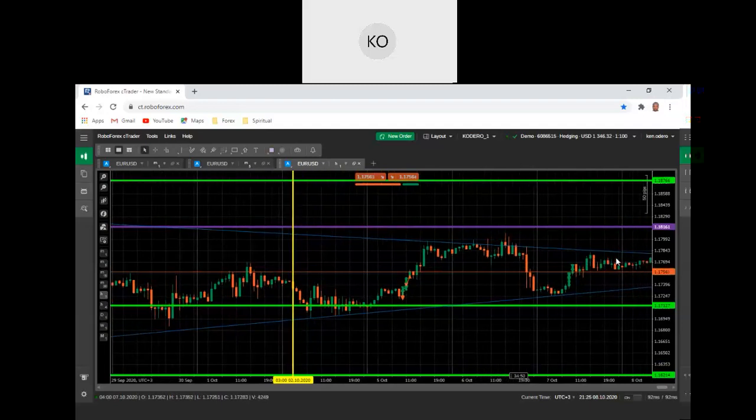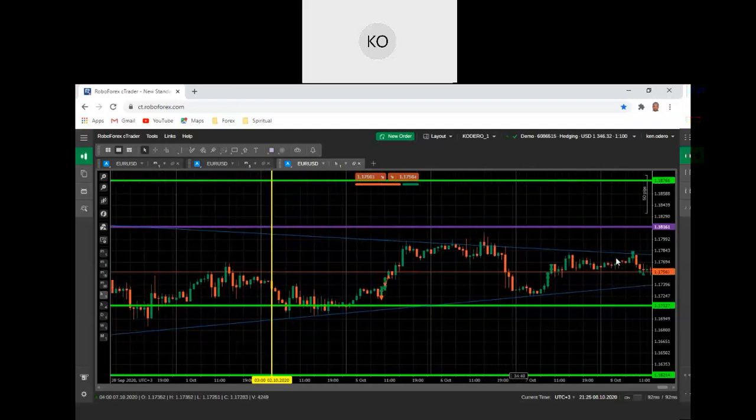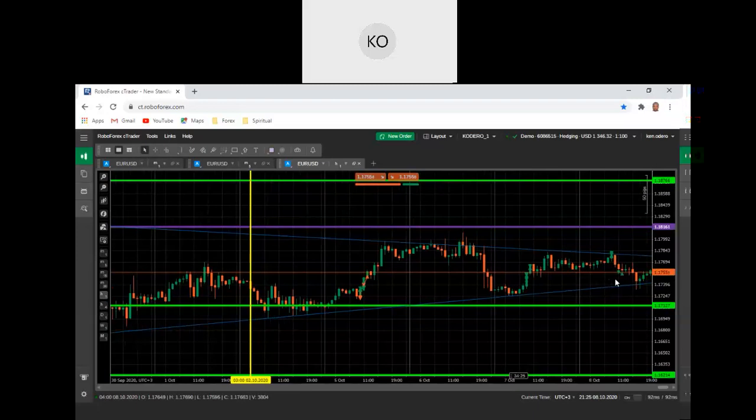Because now we are on today, this is the 8th of October. This is from midnight. And as you can see here, it came, it hit this point, and then it started coming down.